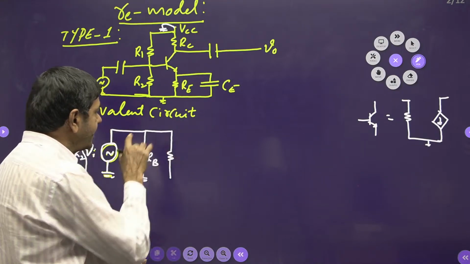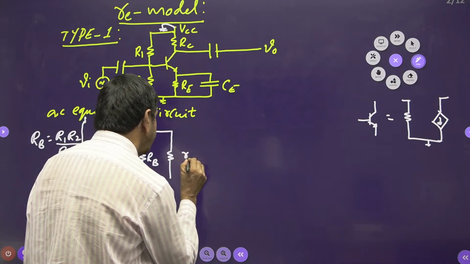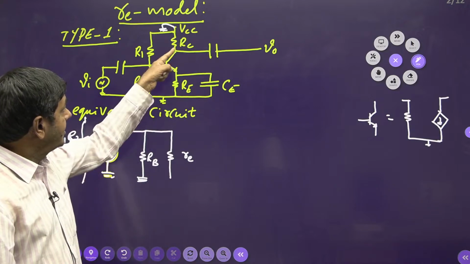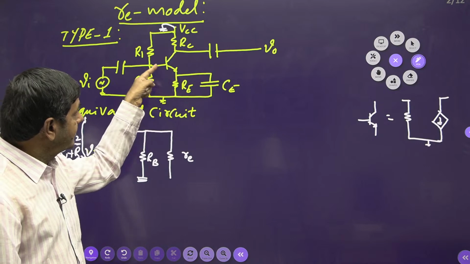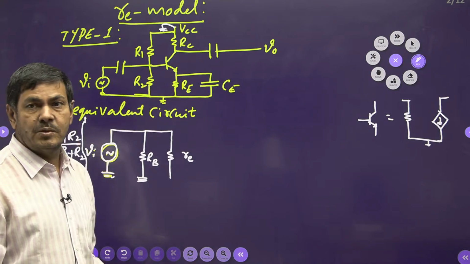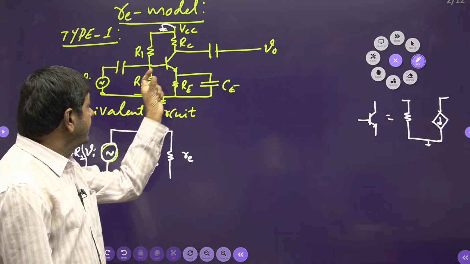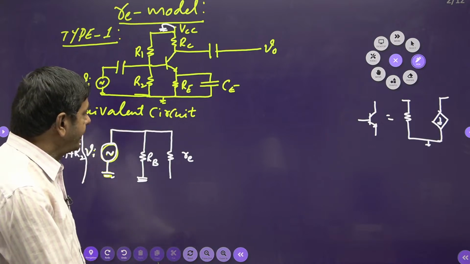This can be taken as the RE value, the emitter resistance. Followed or not? This is an NPN transistor, acting just like a PN junction diode. Under AC analysis, its equivalent value I can take as the emitter resistance only, RE.